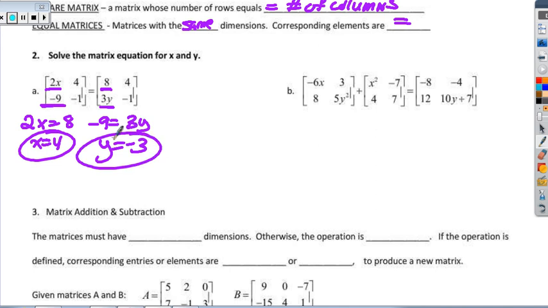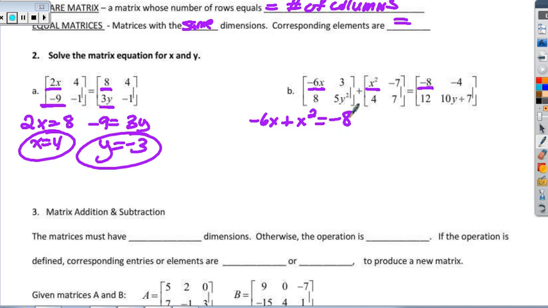It's fine if we have multiple sets of matrices here. The same concept is going to happen. I'm looking for the x's, and I see that each of the x terms is in row 1, column 1, so I'm going to use the other element that's in row 1, column 1. So we're just going to set this up exactly like we see it. Negative 6x plus x squared is equal to negative 8.